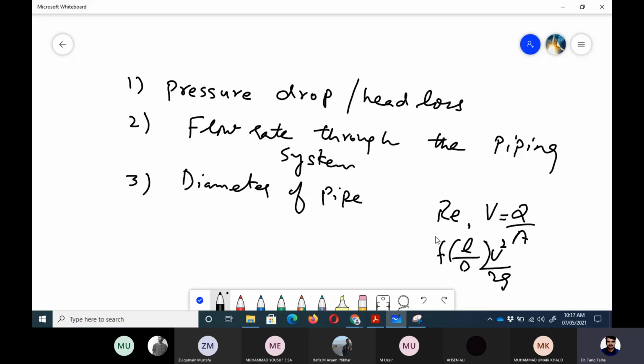So it is kind of an iterative process. First of all, we would do some numerical examples for the pressure drop or head loss calculation, then the second type, and in the last we would do some problems related with the diameter determination for the piping system.